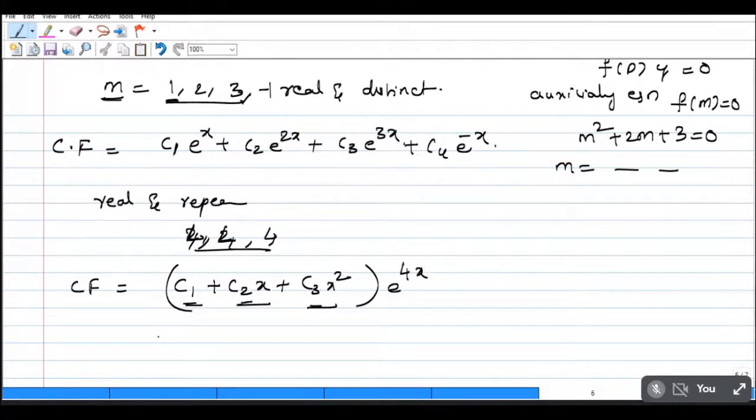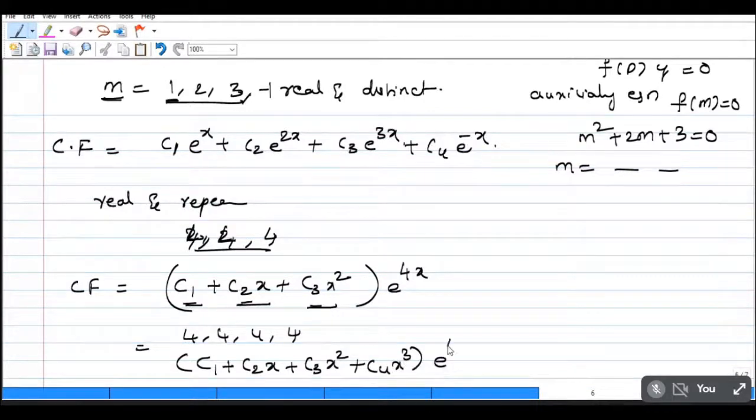Suppose it is repeated 4 times, then what is the complementary function? C1 plus C2x, we will write up to x cube, C4x cube into e power 4x. And also we have two more distinct roots, 1 and 2. What is the complementary function corresponding to 1, 2?